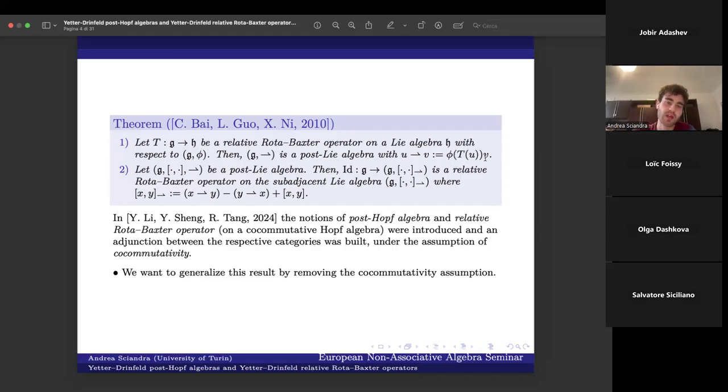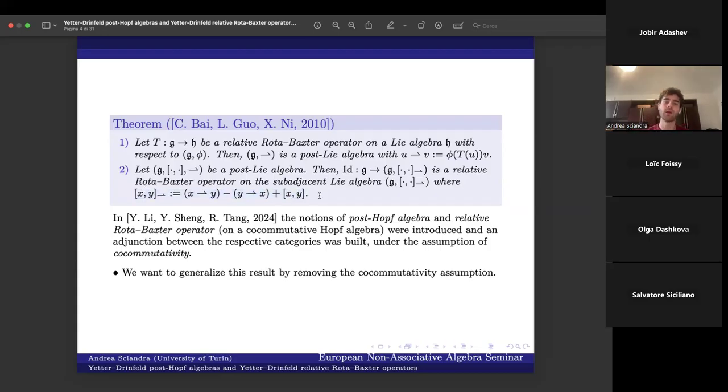Vice versa, if we start with the post-Lie algebra, then just choosing the identity morphism gives us a Rota-Baxter operator on the subjacent Lie algebra, where in fact the bracket is just given by this, as I told before.